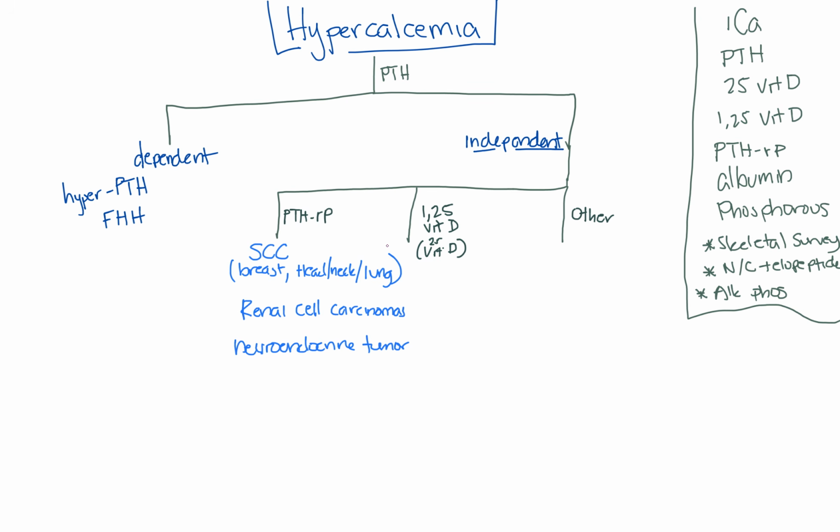Now, on the other hand, so I'm just going to block these off over here. On the other hand, 1,25 vitamin D or calcitriol can be very high in particular processes. For example, like small cell lung cancer. It could also be in macrophage dependent processes.